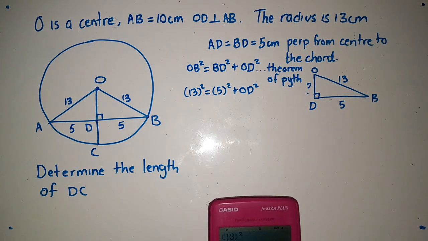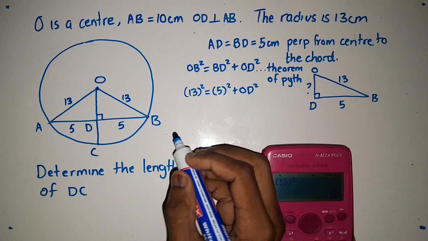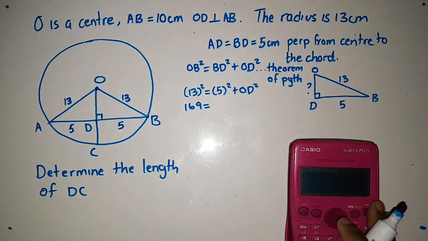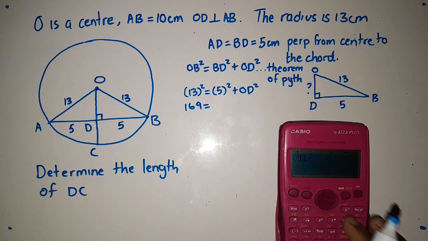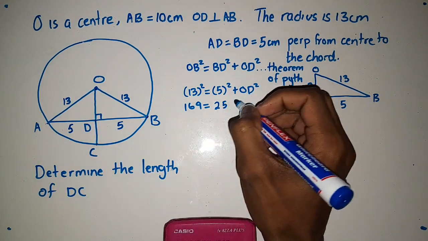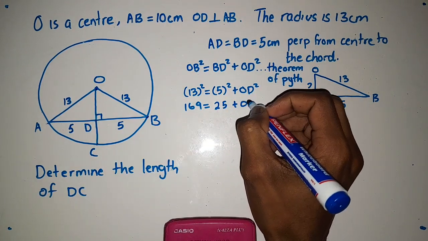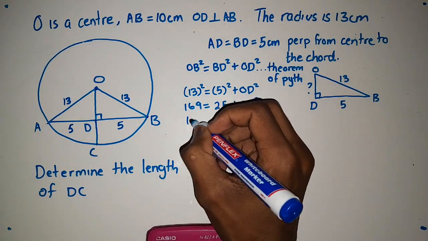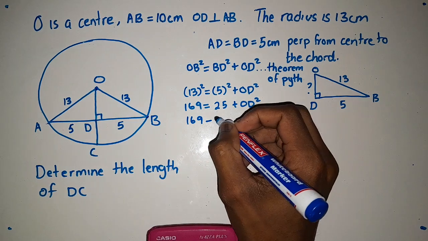We get 169 equals 5 squared, we get 25, plus OD squared. Then we take 25 to the other side, minus 25.